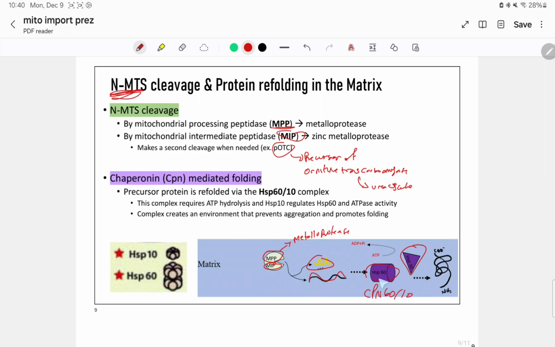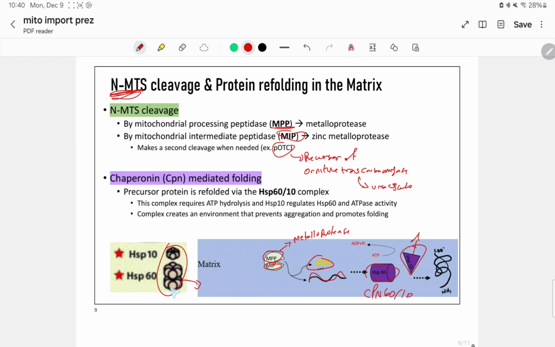And what's really happening is that HSP60 is the one that has the ATPase activity, and it is thought that this protein here, HSP10, regulates HSP60's activity. Now, this is a more schematic representation of it. This seems to be a bit of a more accurate representation of it.